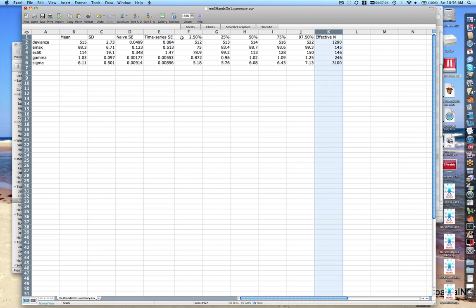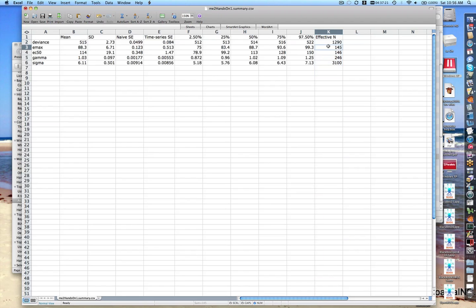And I'm trying to remember for the example that we did, how many did we do here? I think we have 3,000 samples? I think so. And you can see here that the amount of autocorrelation in Emax, EC50, and Gamma is actually pretty large, such that even though we did like 3,000 samples, we get back roughly 5% in the case of Emax and EC50.